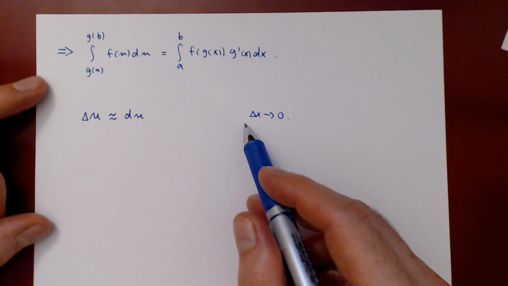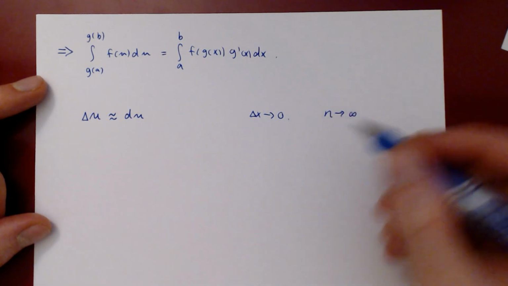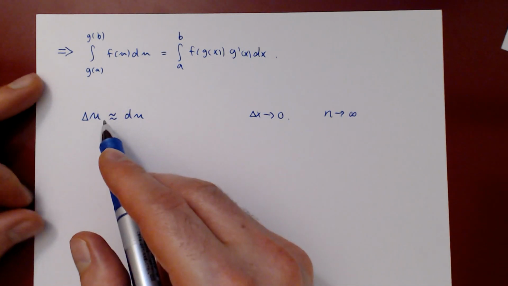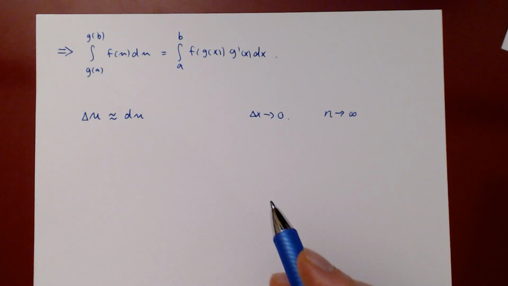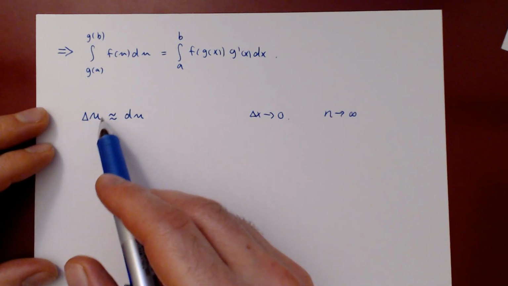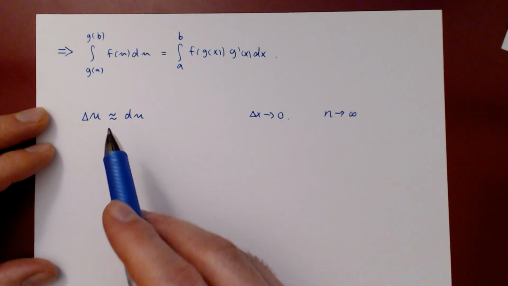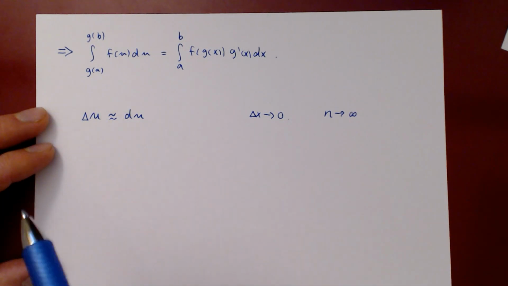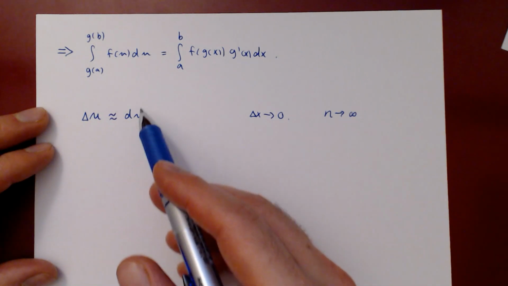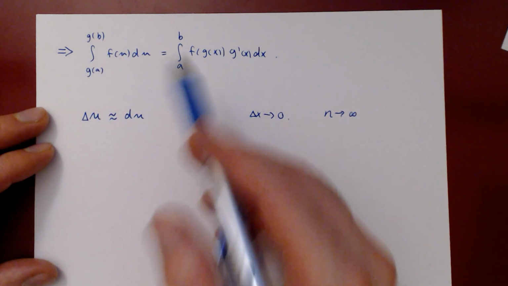And so as delta x goes to 0, therefore as n goes to infinity, this approximation gets better and better, and it is sufficiently good so that in the limit we do not need to find the exact length of the new intervals of our second partition, but instead approximate them by the linear approximation given by the differential, and that this approximation again is good enough to return the exact answer.